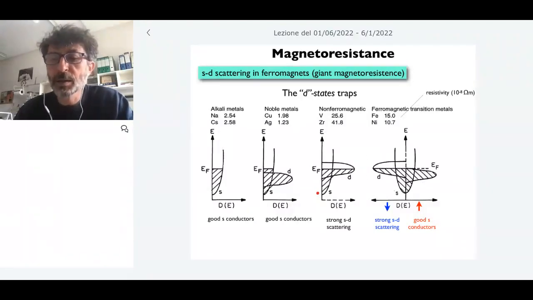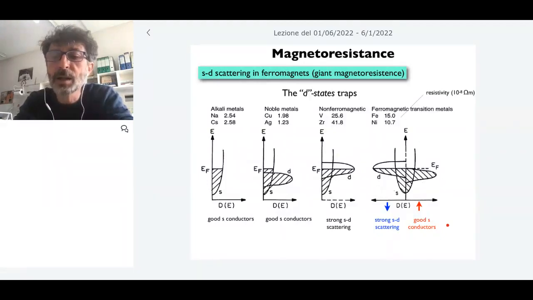What happens? If you use the same idea that we used for the transition metal at the left here, then it means that certain kinds of electrons, let's say the up electrons, in the same direction as the magnetization, conduct electricity well. The down electrons conduct badly.